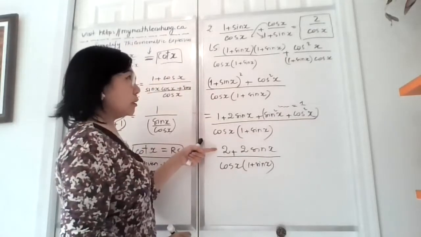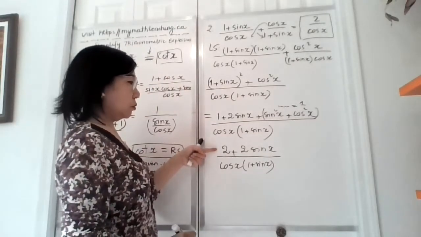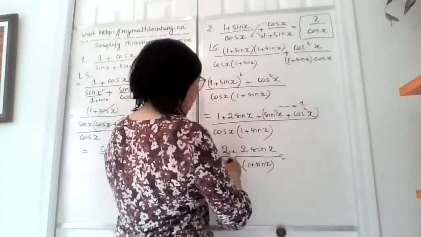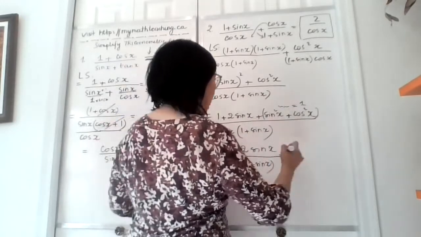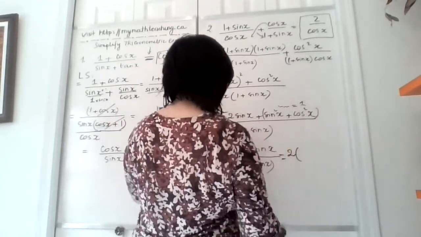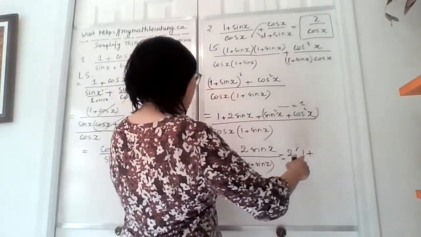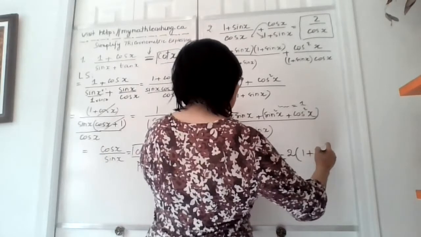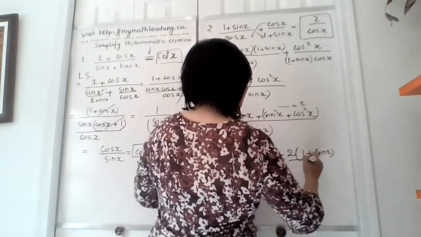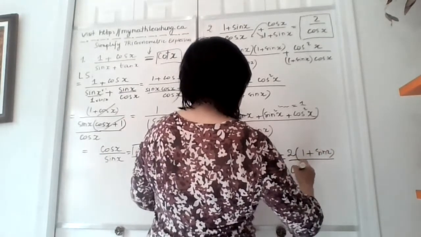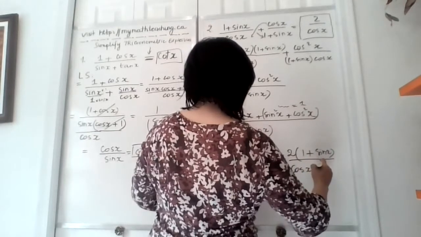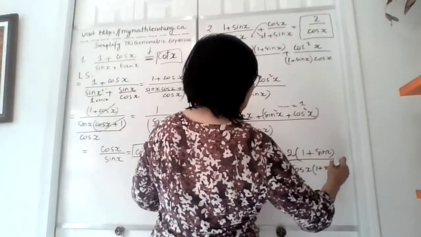Now, at this point, I achieve something with number 2. So I'm going to factor out the number 2 because I do have a number 2 in both. Inside, I'm left with 1 plus sine x over cos x times 1 plus sine x.